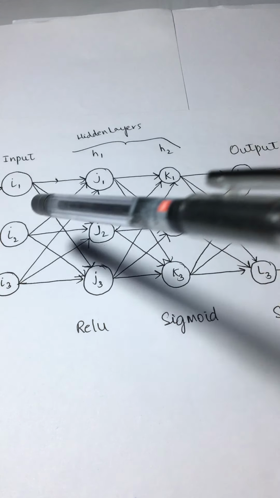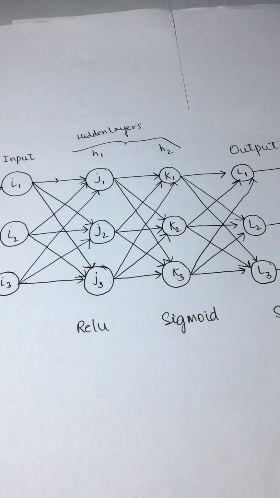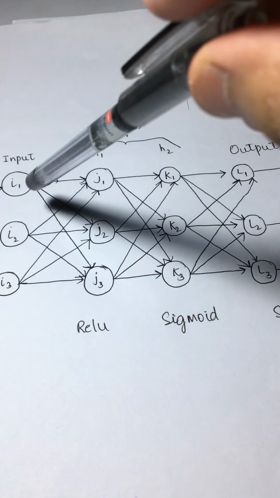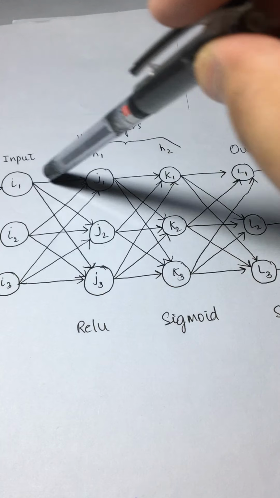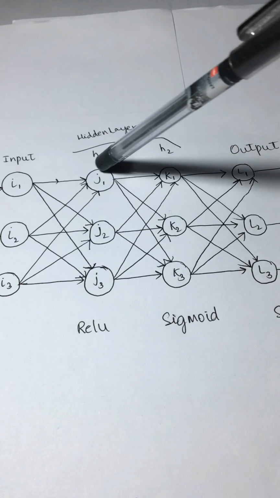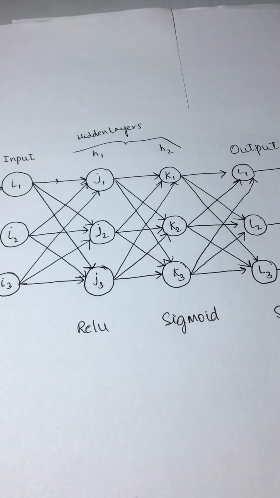Okay, so coming back, in case you're confused about these connections, the whole idea of this network is, suppose from one node, from I1, there are three connections: I1 to J1, I1 to J2, I1 to J3. So there are connections between each of these nodes. From node I1 to each of the nodes in the next layer.